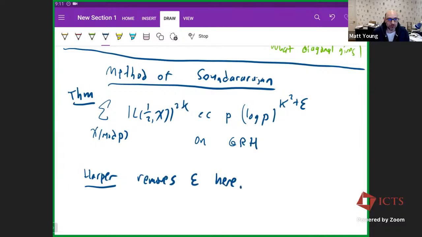So in light of Harper's work, we really do have the same order of magnitude for the lower and upper bounds in the 2kth moments of, let's say, the zeta function or Dirichlet functions. So that's really amazing progress in this field in the last decade or so.